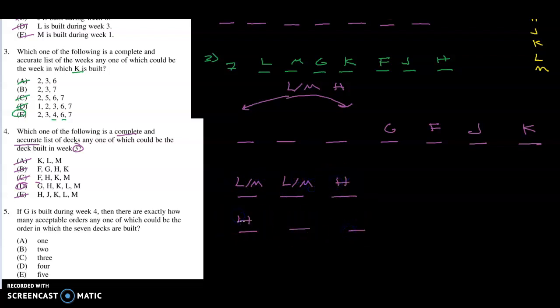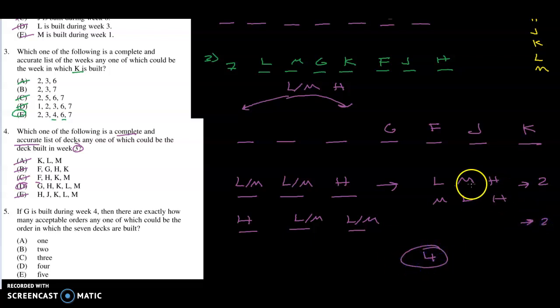I could have H first, and then the L or M group. Now let's think about how many combinations that'd be. Let's say for the first one, there's 2 different ways that that could happen, right? I could either have L, M, H, or I could do M, L, H, right? So that's 2. And then by the same logic, there's 2 methods for this one, and that gets me to a grand total of 4 ways that I could combine these.